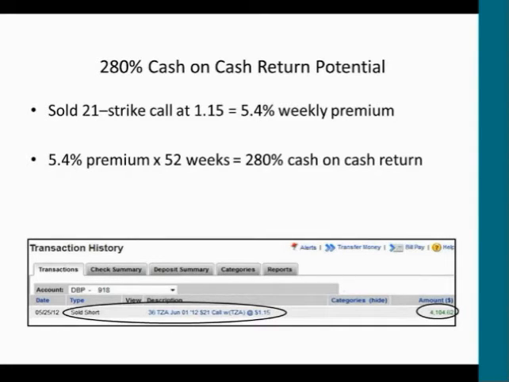If I get a similar premium over a 52-week period, I'm collecting a 280% cash-on-cash return. Again, this is using covered calls, and that's a pretty high return that can allow you to make money in the worst possible situations.